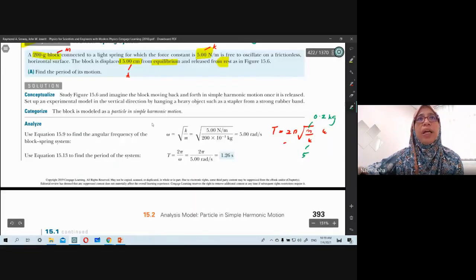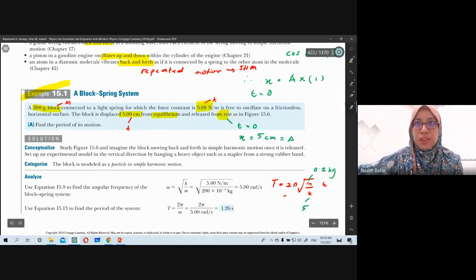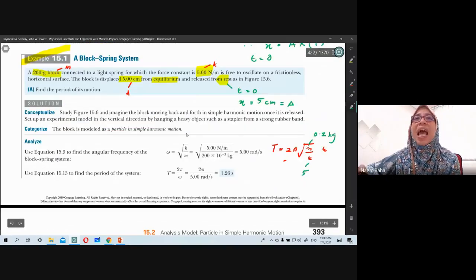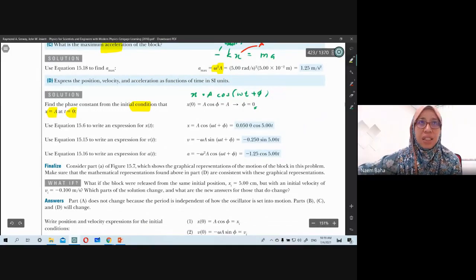In the case of this object, at the start of time, when time is equal to 0, the displacement of the object is 5 centimeter, which is the amplitude. Since it's already at the amplitude, because of the initial condition that x is A at t equals 0, there is no phase difference. This is an angle, the phase constant. Some textbooks say phase difference, but our textbook uses phase constant. So that's the reason why this is 0.